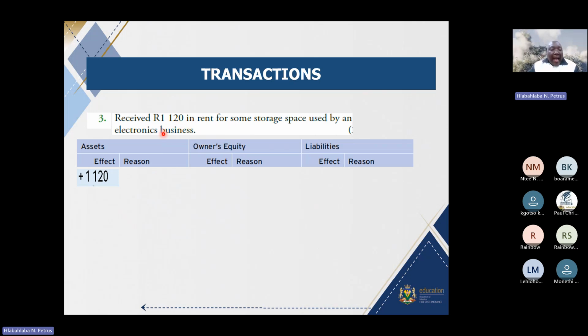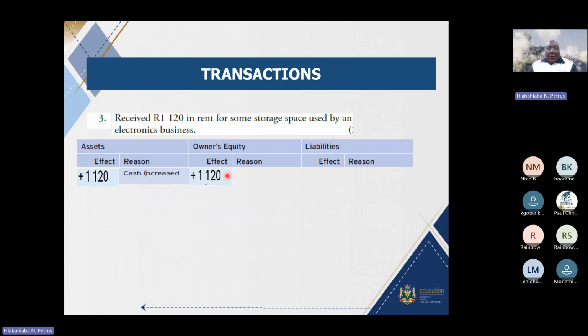It is going to be plus 1,120 under the assets, because when we receive that money from that person, who is paying the business for the rent, the cash is going to increase under the assets. As I've mentioned, you can either say cash increase or bank increase.